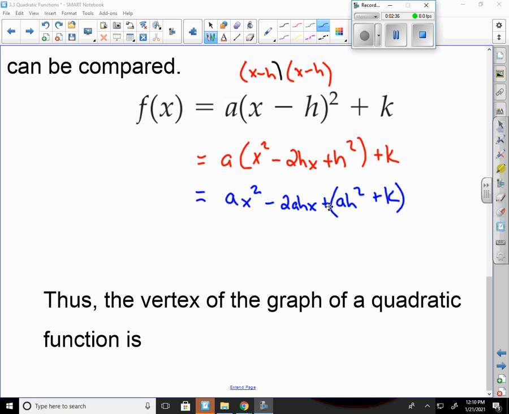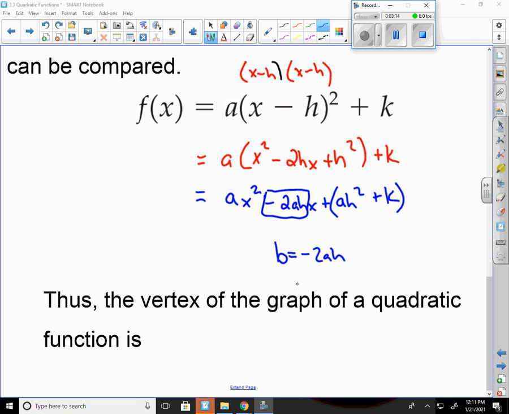And then if I'm looking here, I have negative 2ah, and polynomial form was ax squared plus bx plus c, so this is what our b would be equal to. B equals negative 2ah. Now I can solve for what my h would be, because that would be the x value of the vertex.